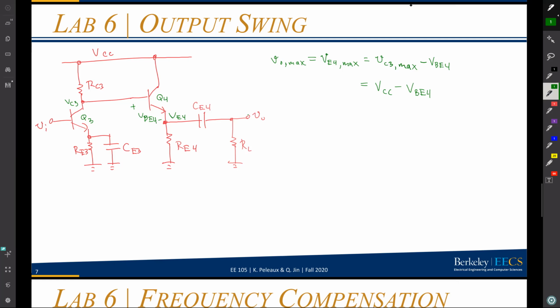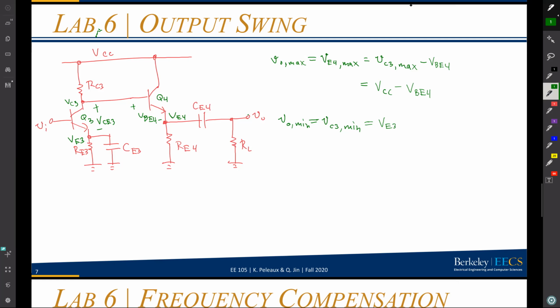Now let's talk about VO min. VO min, again, is going to be determined by VC3 min. I have my VCE3 and my VE3, and I know that VC3 min has to be at least VCE sat above VE3. Otherwise, Q3 will go into saturation.